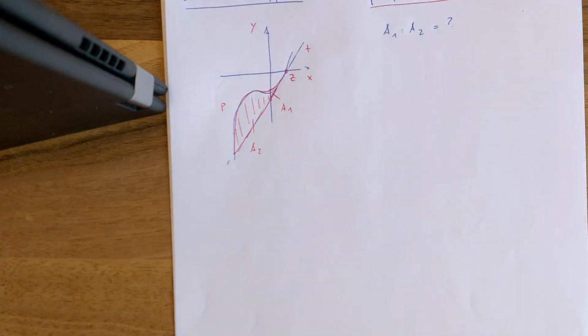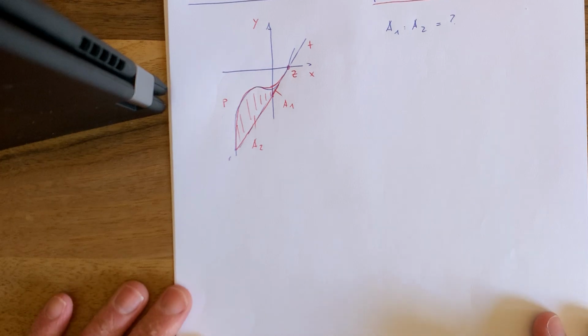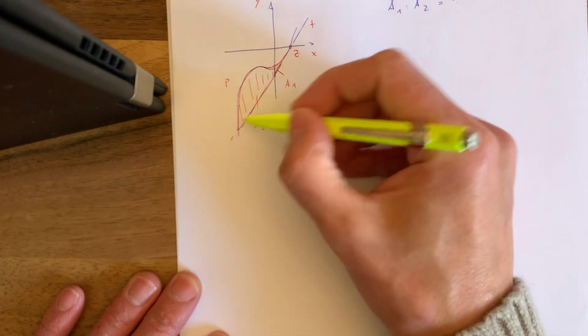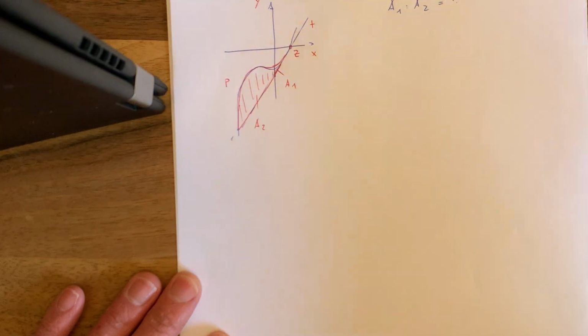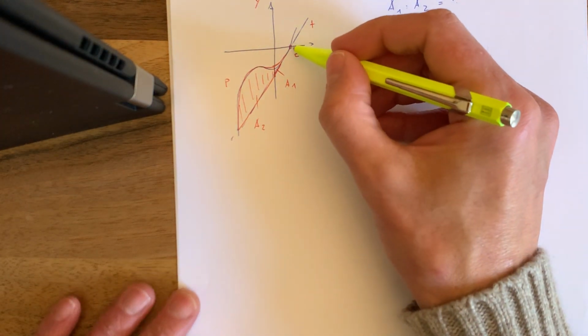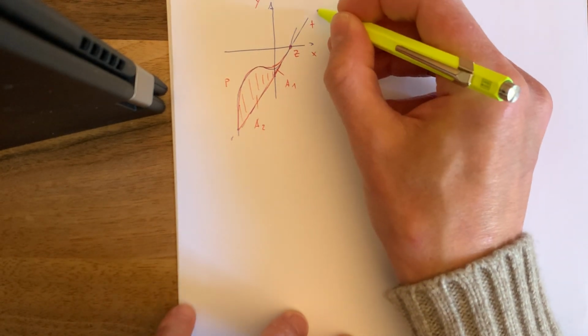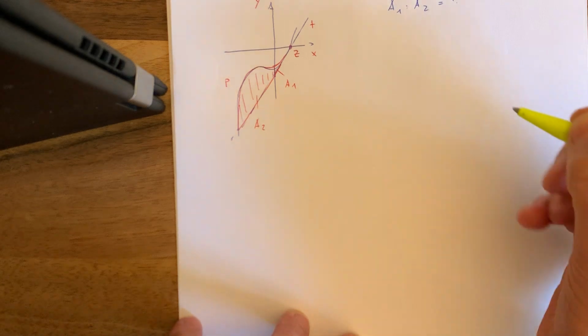This is our task. Okay, so of course, if you look at that exercise, well, let's just for the moment forget about the areas and let's just consider what we are going to need anyway. Of course, we are going to need the zero and we are going to need the tangent to that zero.